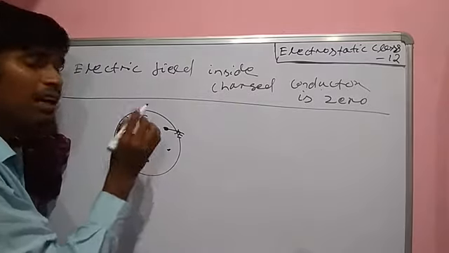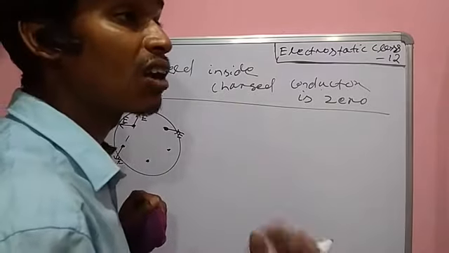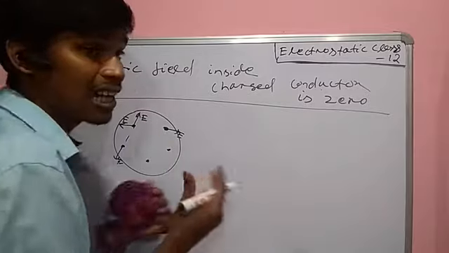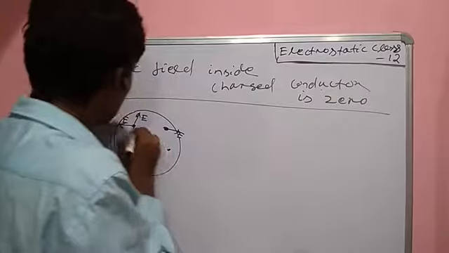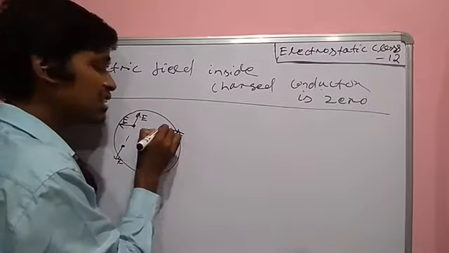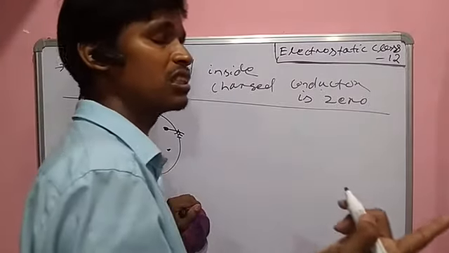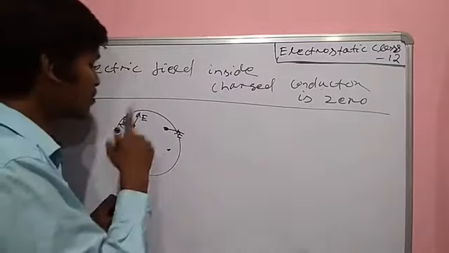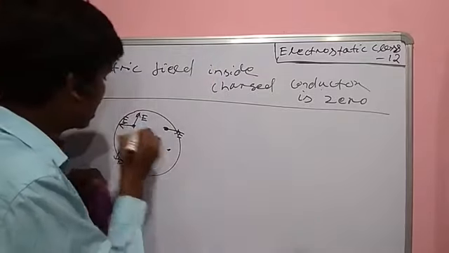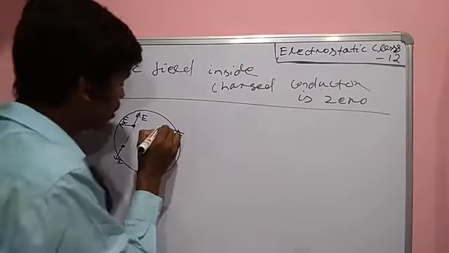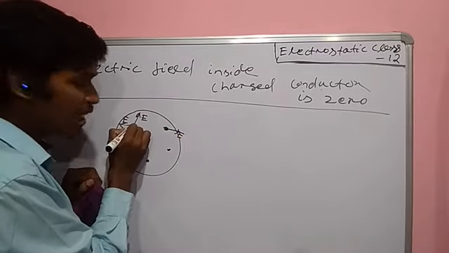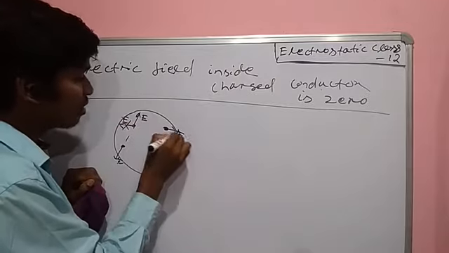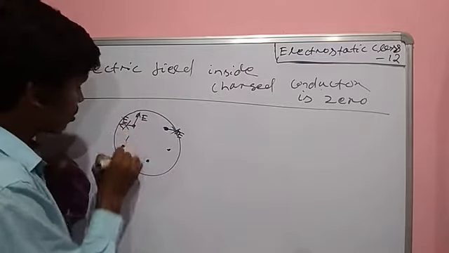But in similar construction, the protons are identical, which means the charge is the same, 1.6 times 10 to the minus 19 coulomb. The same charge creates the same field. Due to this charge the field is here, and due to this charge the field is here. They cancel each other. Similarly, these cancel each other.